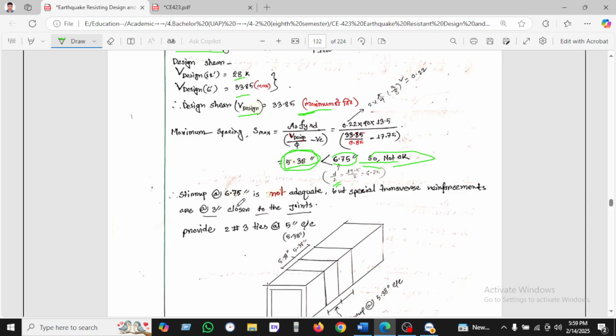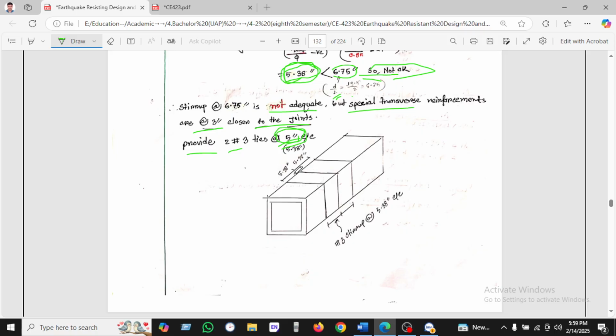So 6.75 is not adequate, but special transverse reinforcement are 3 inches close to the joint. So we have provided two number 3 bar at the rate of 5 inches square. We have been found 3.738, but we are using 5 inches square center by center. These are the steel spacing we have been seeing 3.35, but we are using 5 inches, not 5.3 but 5 inches.